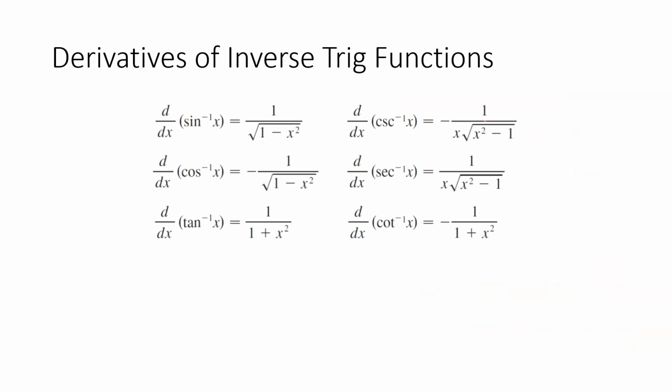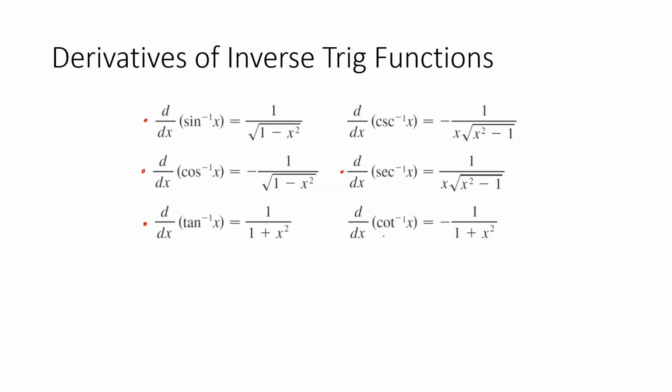Okay, so that gives us one extra formula, and notice that we've discussed these formulas already. We're not going to mention how to get the derivative for cosecant inverse or for cotangent inverse, but you can easily notice that there is a similarity between each of these derivative formulas. For instance, if I look at the formula for the derivative of cosecant inverse, it's the opposite in sign of the derivative for secant inverse.